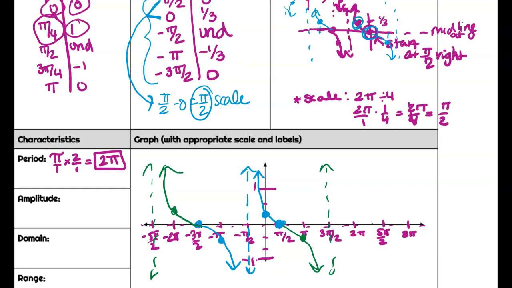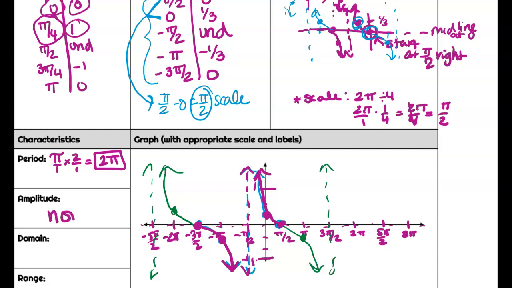So pi/2, 0. I'm just going to replot them in a different color so you guys can see. Pi/2, 0; 0, 1/3; -pi/2, undefined; -pi, -1/3; -3 pi/2, 0. So you get those same points that we got here. And then you guys would complete the cycles of the graph the same way that we did.